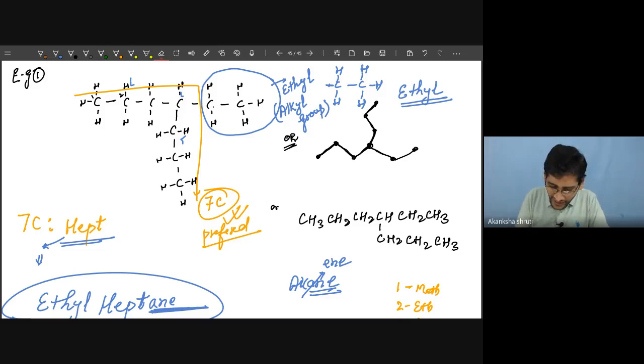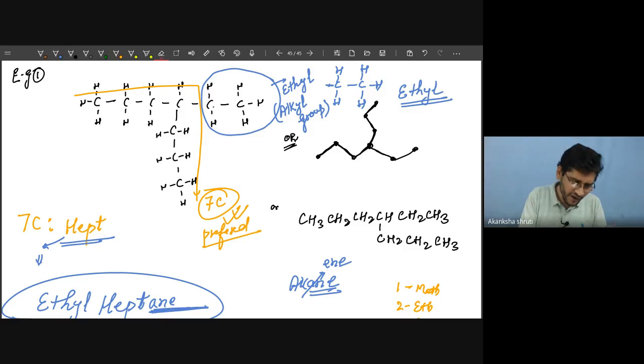So where is this? For that, the next rule comes into the picture, that I will write later, but please understand. After selection of the longest chain, you have to number this longest chain. Start giving the number from any of the ends of the selected longest chain. How are we selecting it? Just by observation, we are getting that this can give us the longest chain. That's why we have selected this one.